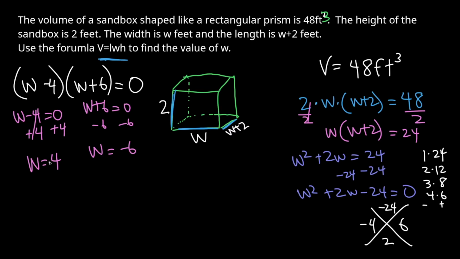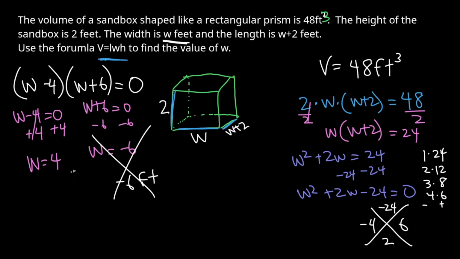Because W represents the width in feet, up here in our problem, it's the width in feet. Well, I have a width of 4 feet. Okay, that makes sense. Now this is a width of negative 6 feet. Well, that doesn't make sense in the context of volume. So we have to exclude that answer.